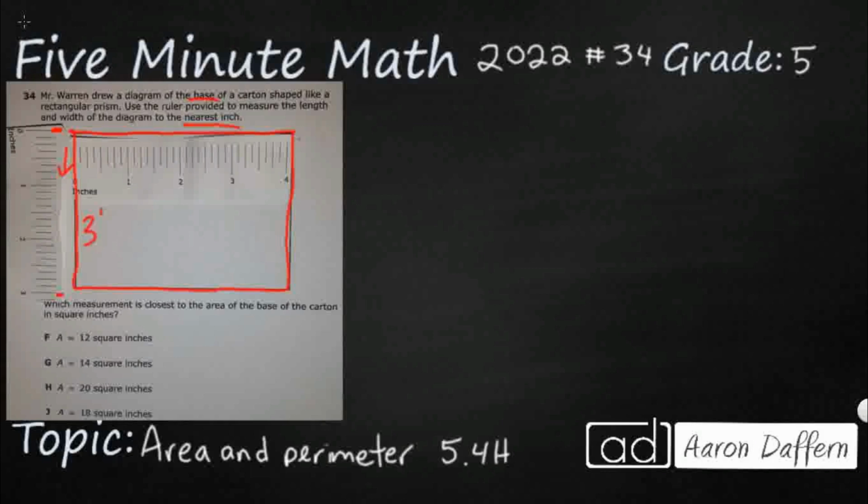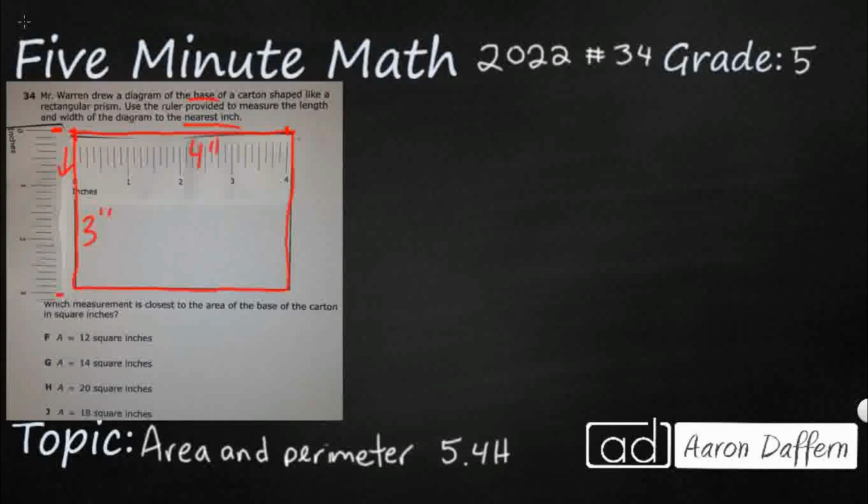We're just going to label that 3 inches. Now we're looking at our other measurement, our width. Once again, we're starting with the 0 right there. And then you see the 4 is actually a little bit less than the actual line itself, but once again, it's close enough. So we're going to label this top one here as 4 inches.